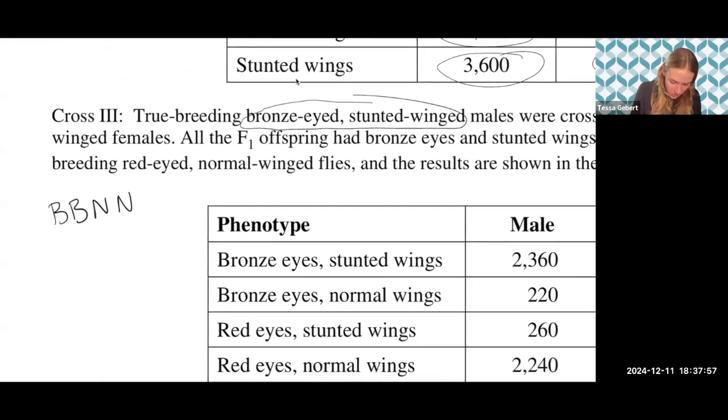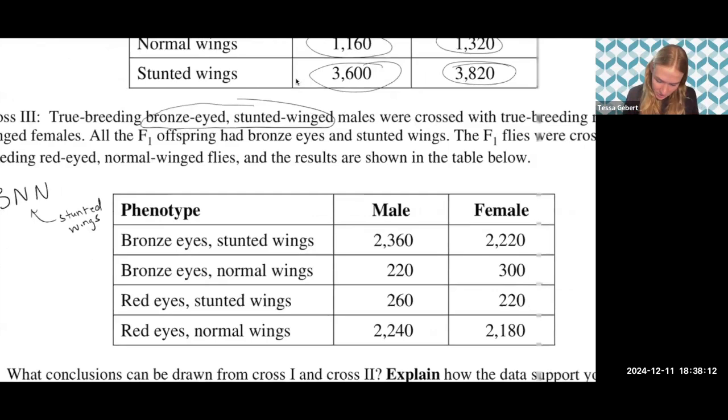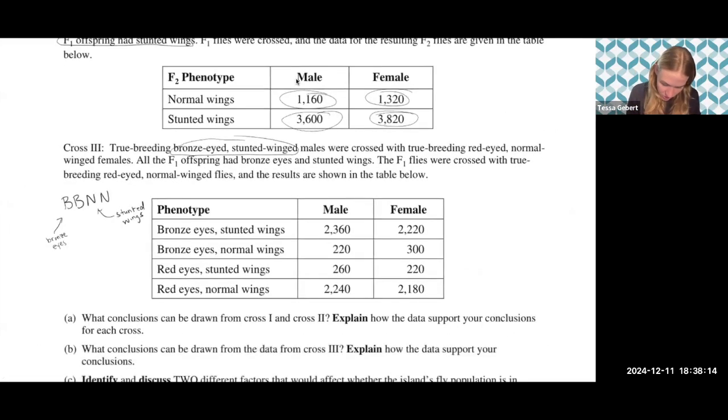So this is for bronze eyes. And they said it was true breeding, that's why it's homozygous. And this is for stunted wings. And we crossed it with a female who is normal winged and red-eyed. So the female, this is the male.